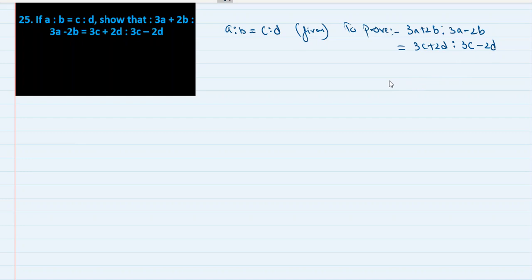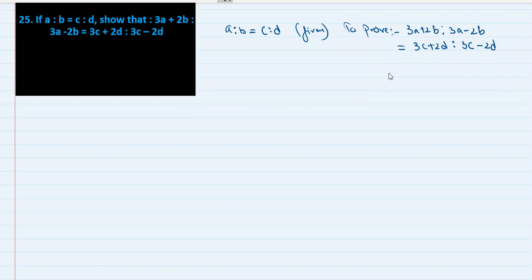Now see, I told you in the previous video that the K method is a very crucial and very useful method. So you can use the K method wherever you can, and then you can prove whatever you want to. So I recommend that you use the K method over here. But before using the K method, just have a look at the pattern of the question. See, in this ratio pattern, it's very difficult to understand.